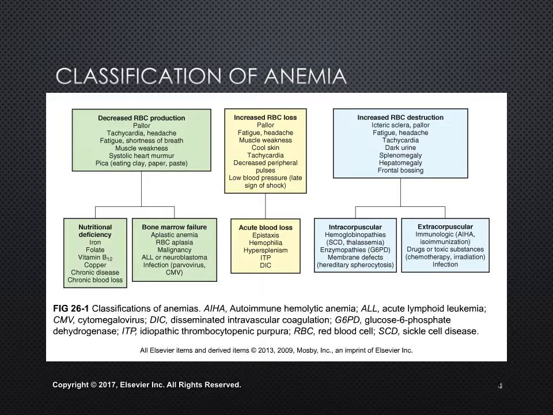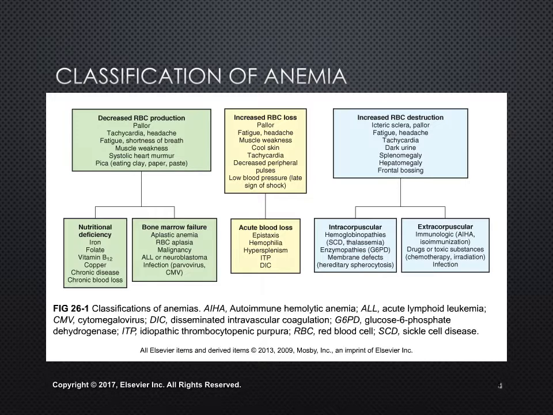And then if we have increased RBC destruction, we may see jaundice or pallor, fatigue, tachycardia again, and dark colored urine, because the bilirubin that's being produced by the increased destruction of the red blood cells causes the urine to be a darker color.